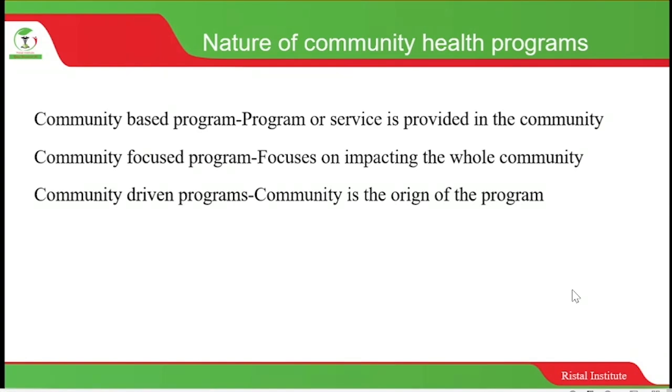Here, an example which I can give, I remember sometime back in my village, there was a women's group. This group started up a community home gardening project. What was the cause of this?